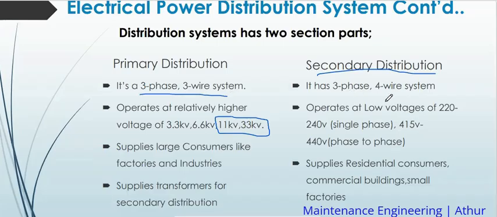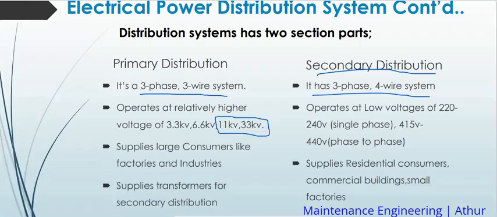But these ones, they are always in a vertical structure when they are moving, this 3-phase, 4-wire system. And this operates at a low voltage of 220 to 240 for single phase, and 415 to 440 for phase to phase. That is 3-phase supply at a low voltage.